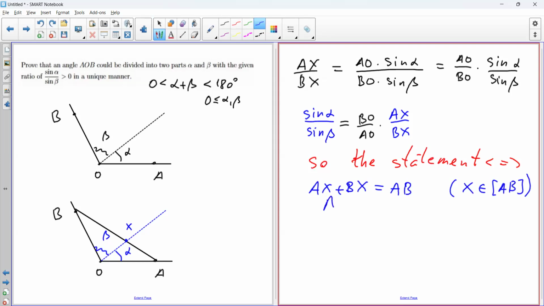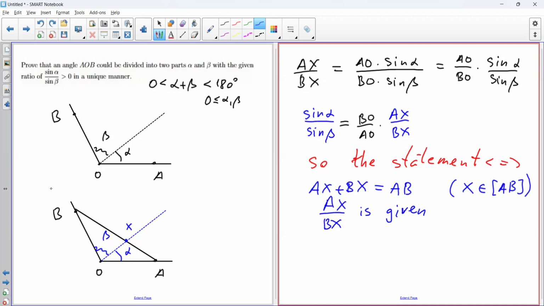And also we know that AX over BX is given, right? Is provided. But this becomes a very obvious statement, a very well-known statement.